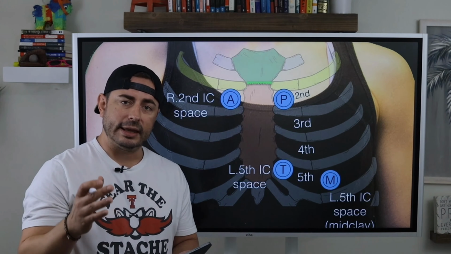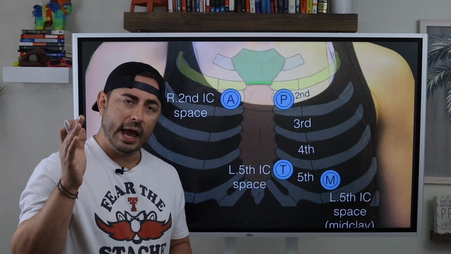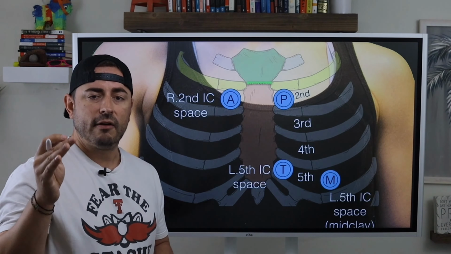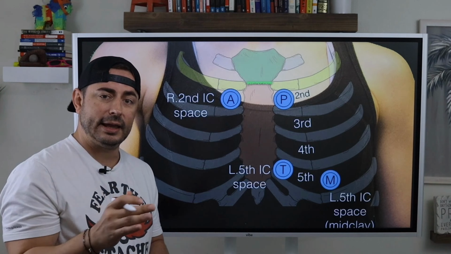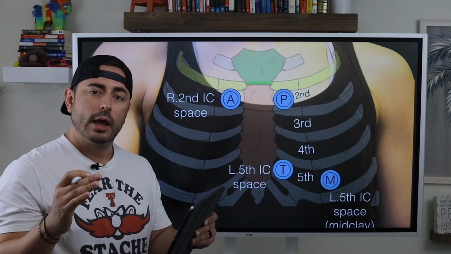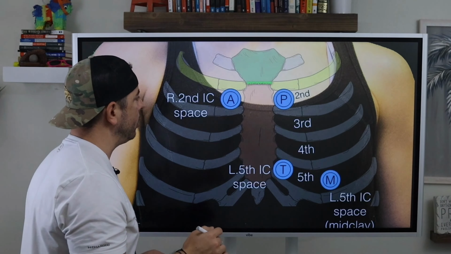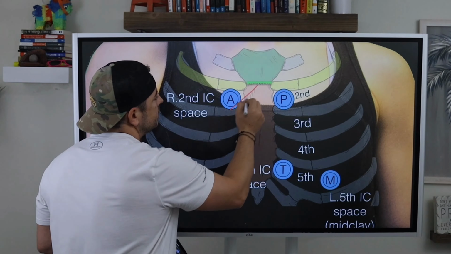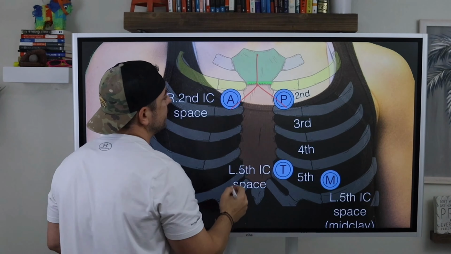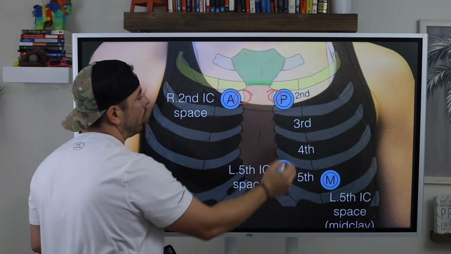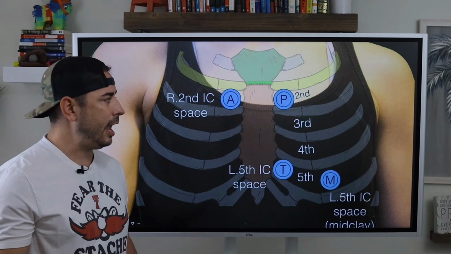The angle of Louis, again, is a key anatomical site for where the carina is. The carina is where the left and the right main stem bronchi separate. So this is where the trachea splits into two separate airways right behind the angle of Louis.